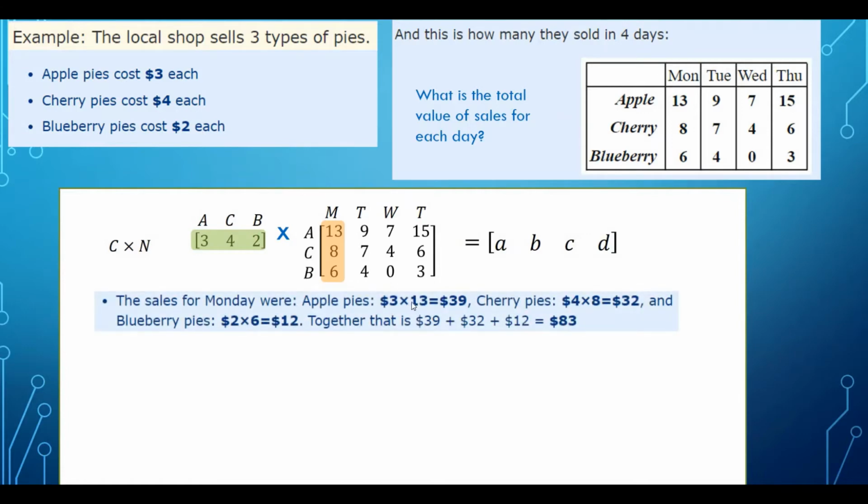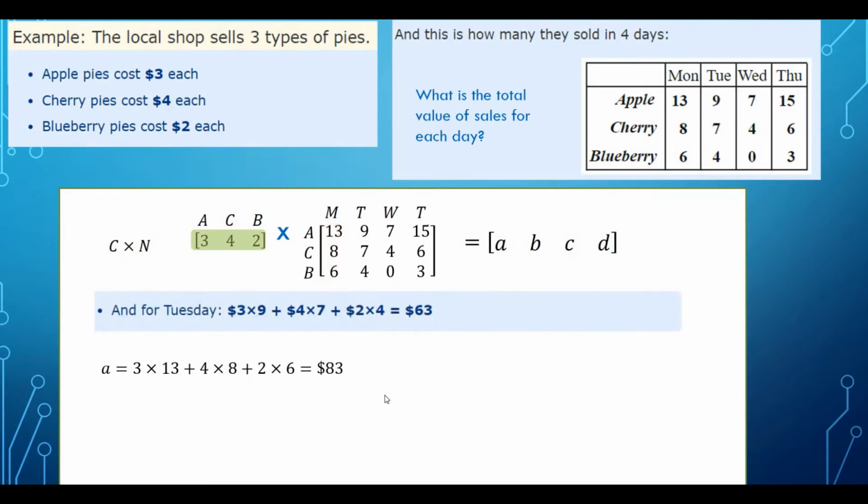So it's going to be $3 by 13, $4 by 8, and $2 by 6. My final matrix element A is in position row 1, column 1. So that's exactly what I'm doing. I'm multiplying each element in row 1 by each element in column 1. And that gives me $83.